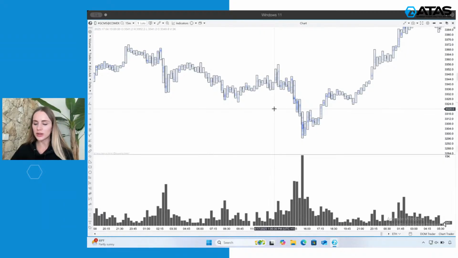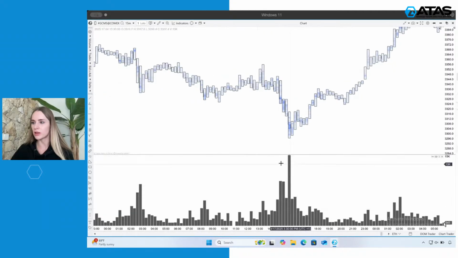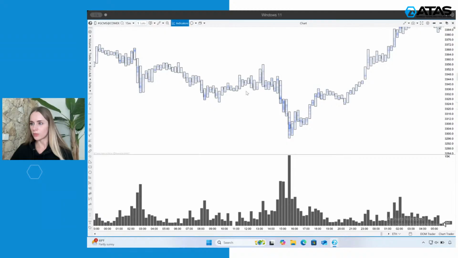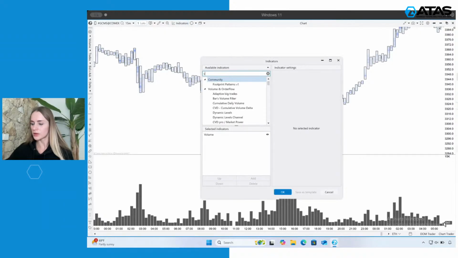So in front of you, you can see the chart of footprint with volume distribution. We're going to be changing it now. And below is the normal volume indicator. To be able to add your volume indicator to the chart, you go into the indicators and you type in the volume. Now, apologies for this.